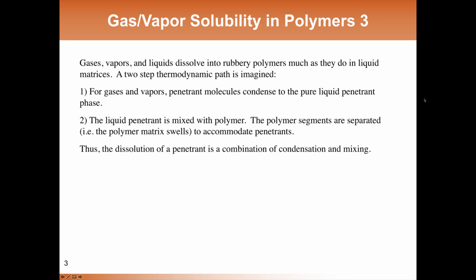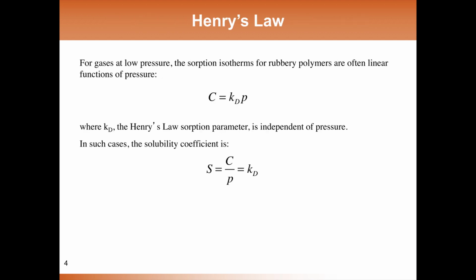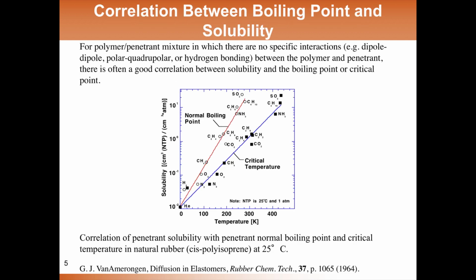Essentially, delta H of vaporization, which is a dominant energetic contribution to this first step in solubility. Delta H of vaporization typically scales with boiling point. The higher is the boiling point, the higher is the delta H of vaporization, the stronger is the interactions between the penetrants that want to keep them together or want them to condense if they're in a gas phase and not condensed.